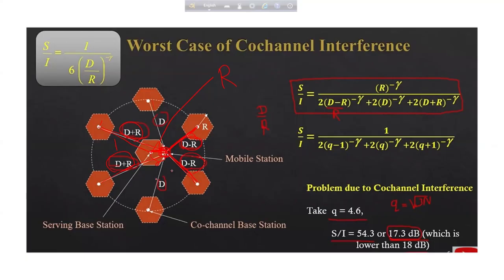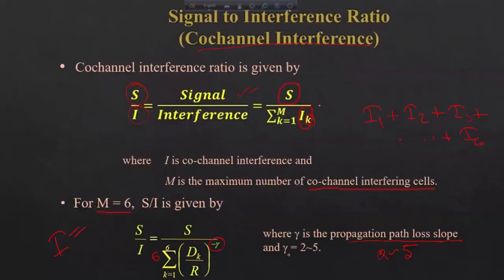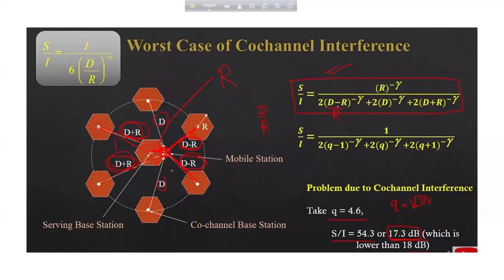Okay. So when we are calculating the value of co-channel interference S by I, we write it like this: instead of D by R, you are writing D minus R by R, D by R, D plus R divided by R, with R to the power minus gamma.